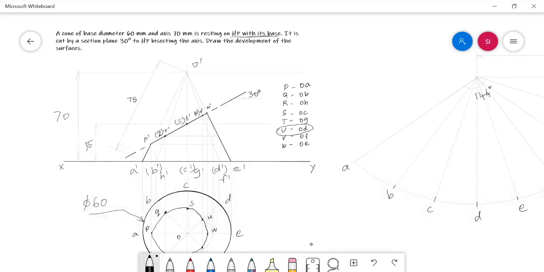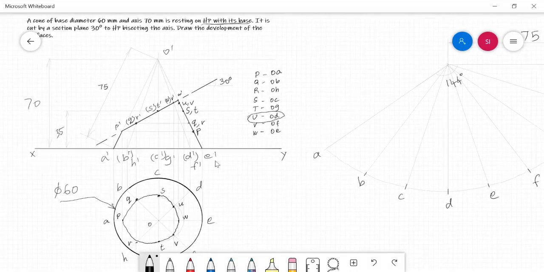So this point is P and here it is Q and R, and there it is S and T, and here it is U and V, and W is already in the extreme generator only.